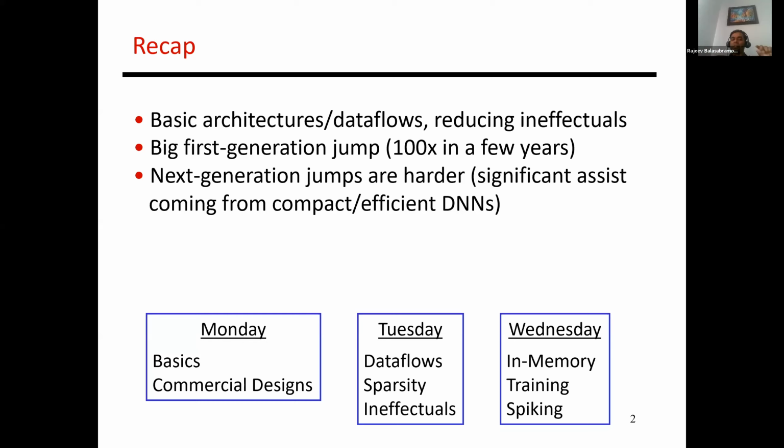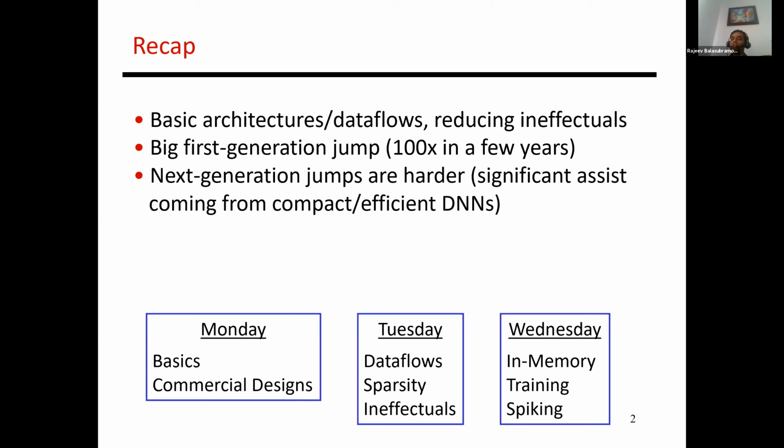We also discussed in the very first class that DNNs themselves are evolving to be smaller. People have realized that reducing the connections within a convolutional layer can not only make it faster to train and make the network more accurate, it also reduces the storage cost and the overall computations required.